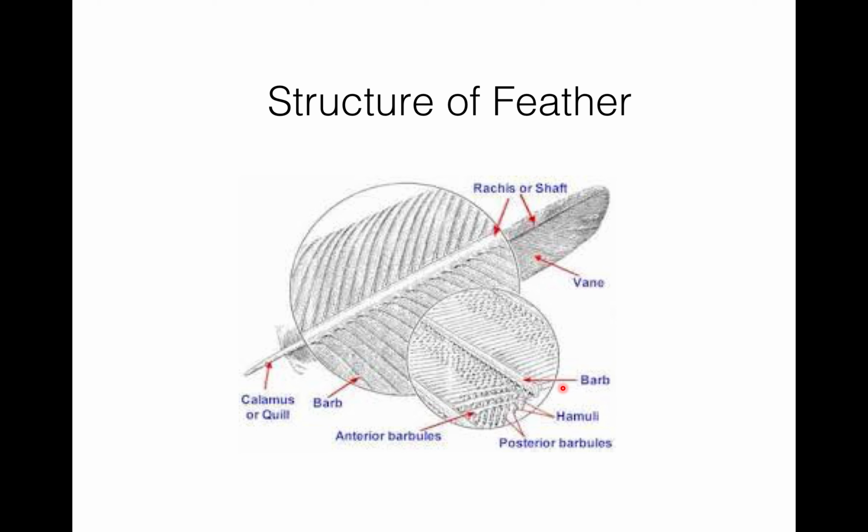Then there are barbs. The vein is formed by a series of numerous parallel and closely spaced delicate thread-like structures which are known as barbs or rami. These arise somewhat obliquely from the two lateral sides of the rachis. So here you can see the vein. This is the vein and these are the barbs.